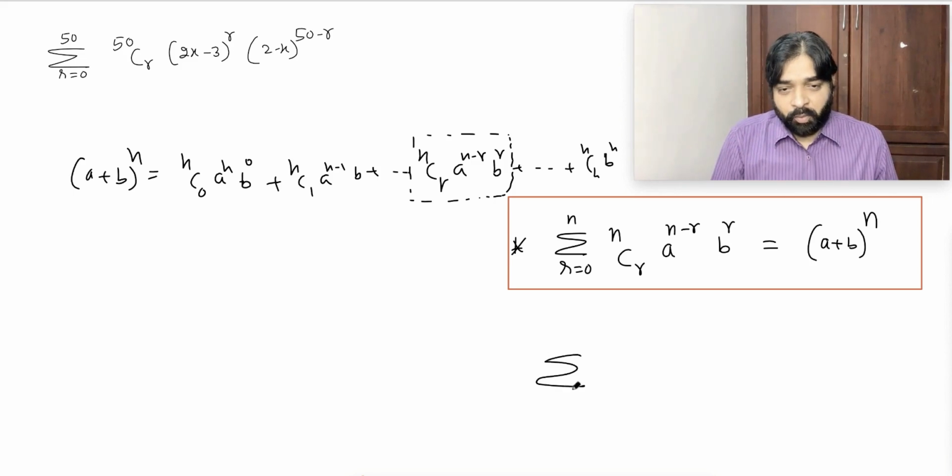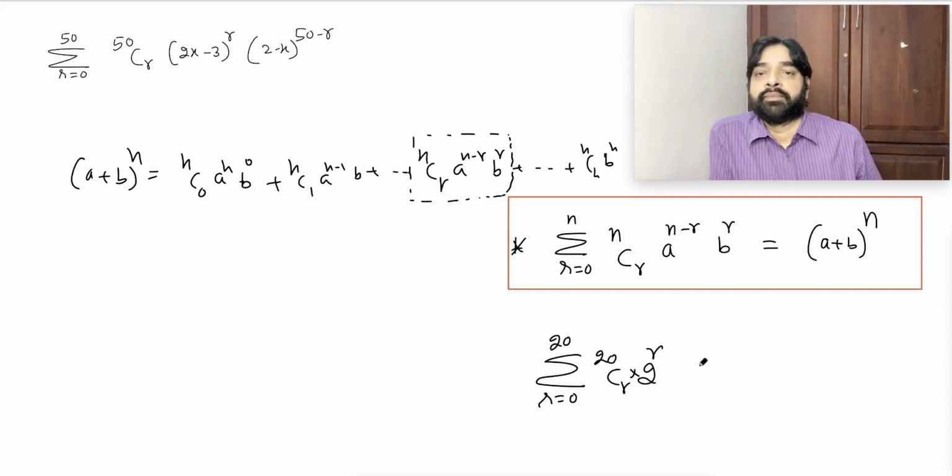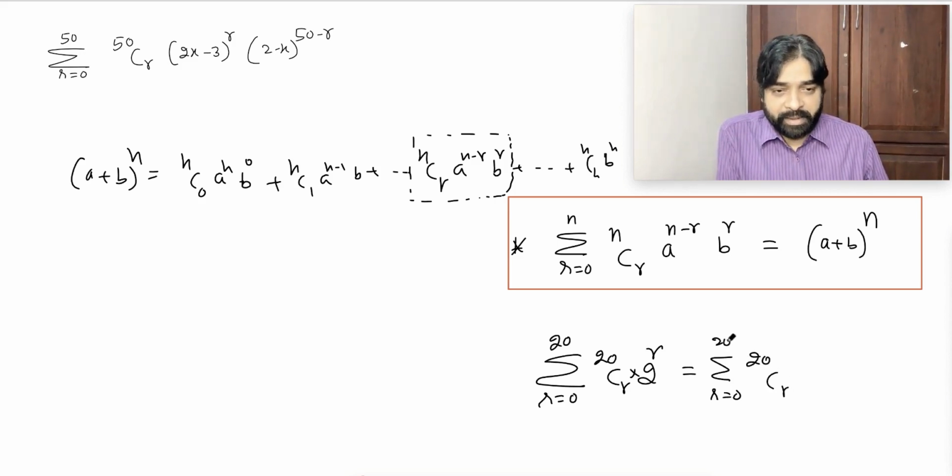If I ask you what is the answer of this, watch everybody: sigma r equal to 0 to 20, 20Cr into 2 power r. This I can write as sigma r equal to 0 to 20, nCr is there, this is the n.